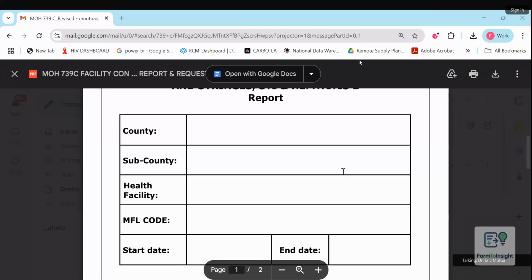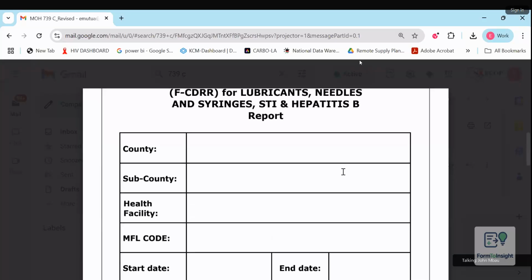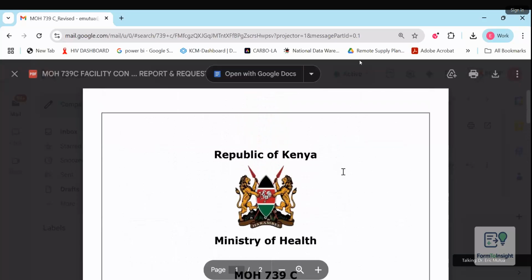Just a minute. So confirm whether my screen can be seen. Sure, Doctor. Yes, we can see.